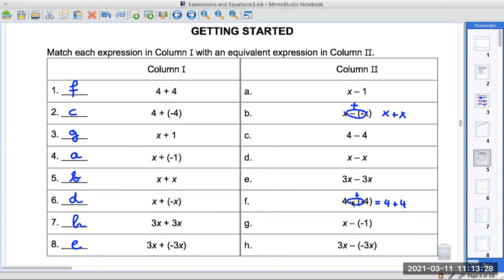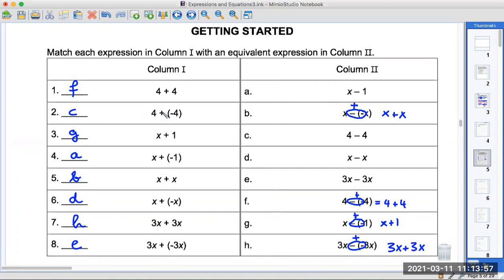So I did that here. 4 minus -4 means you add the opposite. So 4 plus 4, that's x plus 1. So subtracting a negative means add the opposite sign. Okay, so that would be x plus 1. And this is, what is that, a 3? 3x plus 3x.